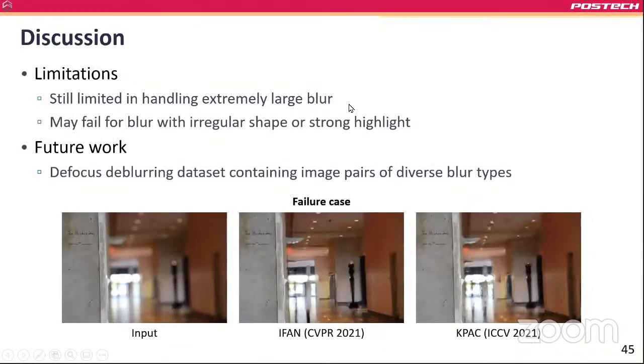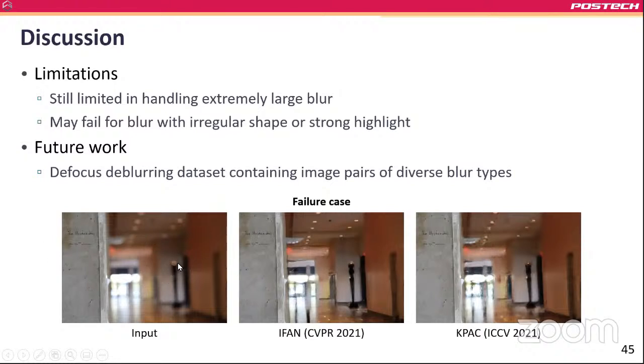Even though we proposed two new techniques for defocus blur, we still have some limitations. Here, this part is a saturation, the overexposed part. And also here we have different shapes of defocus blur.